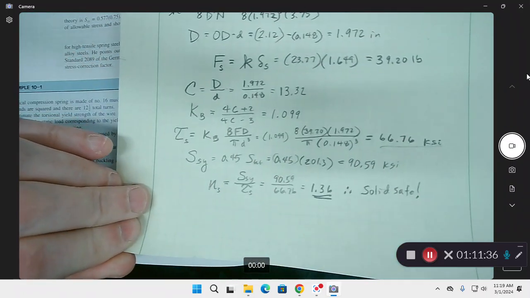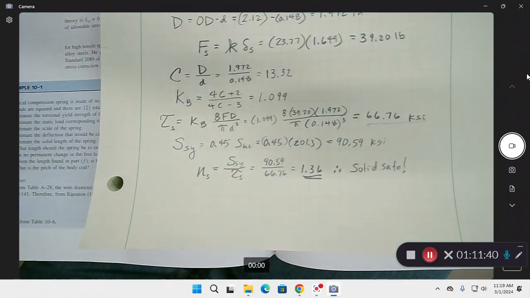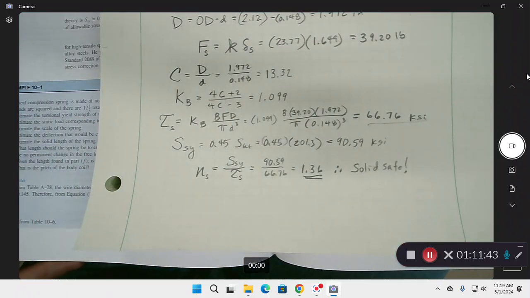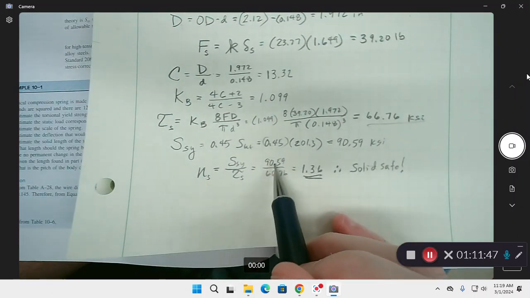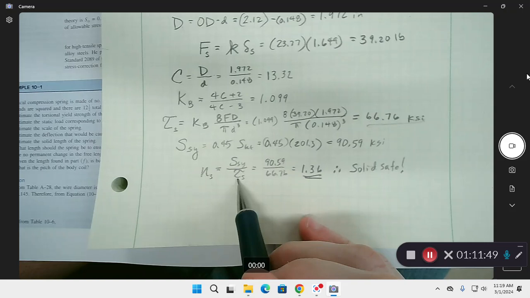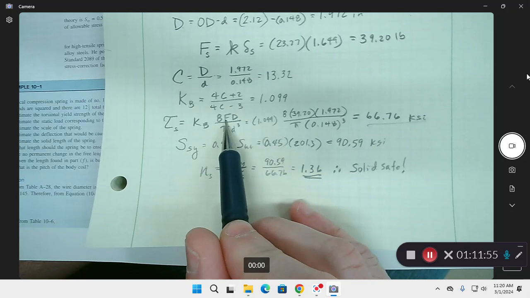And if it weren't, we would just start going backwards and figuring out, okay, they said 1.2, so we would make it an allowable shear stress. We'd come back in here and find out what that force would be.